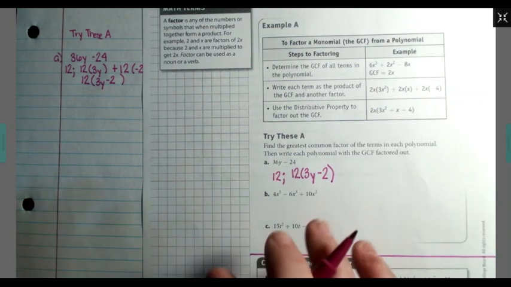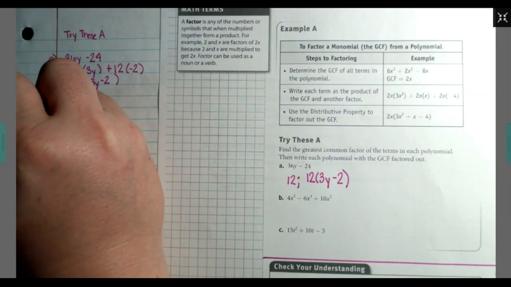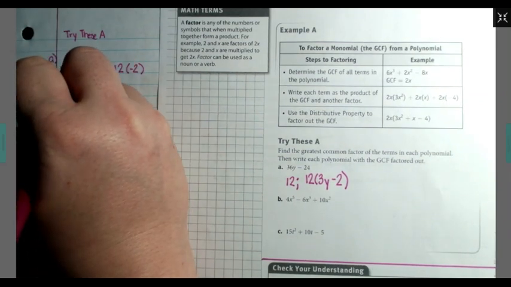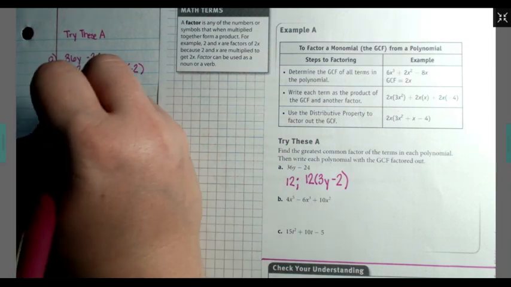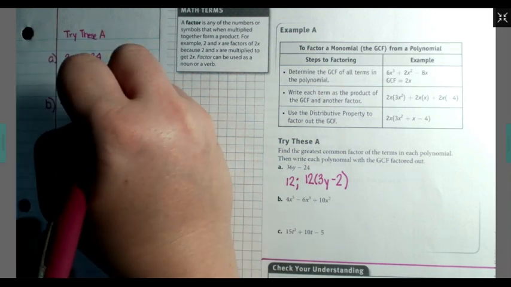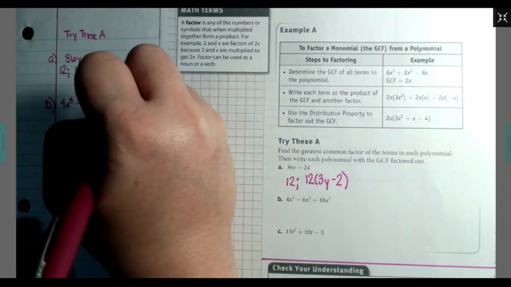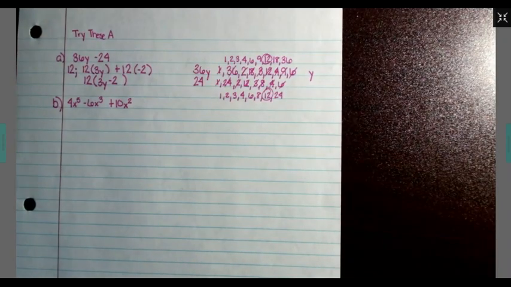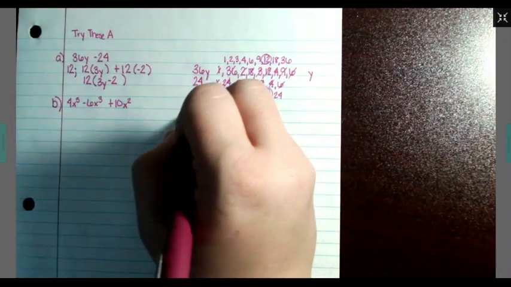Let's take a look at B. We have 4x to the 5th minus 6x to the 3rd plus 10x squared. Off to the side, I'm going to do my list of factors for each term.